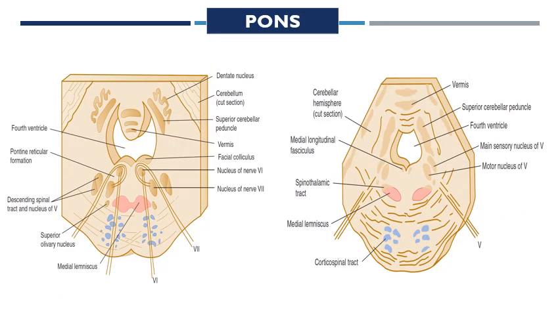The next portion of the brainstem is the pons. Pons means bridge that connects different parts of the brain with one another. Pons lies superior to medulla and anterior to cerebellum.